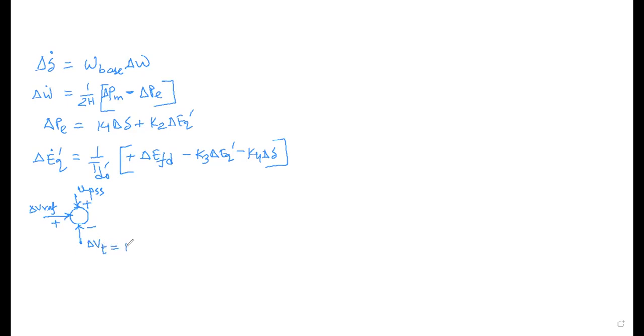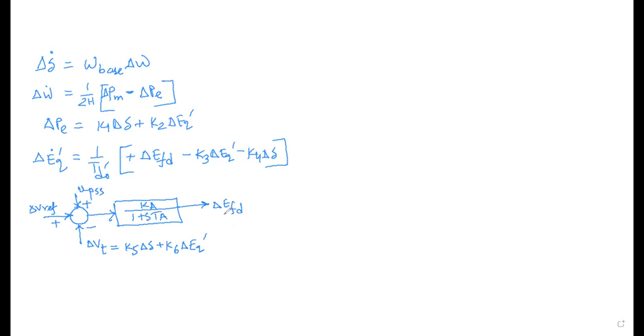And del VT is nothing but K5 del delta plus K6 del Eq dash. And then we have this block, the exciter or the AVR block, Ka over 1 plus STA, and that would give us delta EFD. So this is the updated block with the incorporation of UPSS.